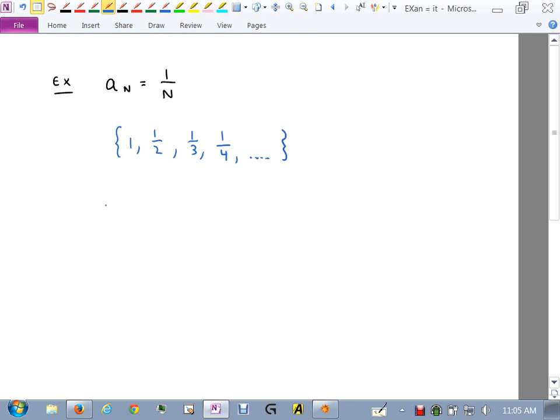So a sub n is approaching what here? Limit n goes to infinity of 1 over n. And back from Cal 1, if your numerator is fixed and your denominator gets large, that ratio gets small. So I hope it's obvious that that would go to 0. Yes?